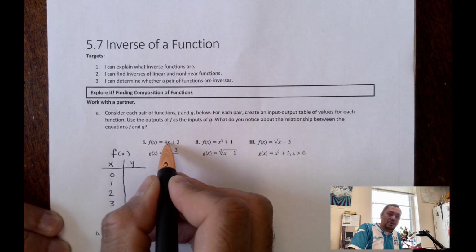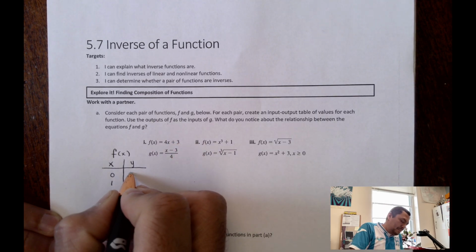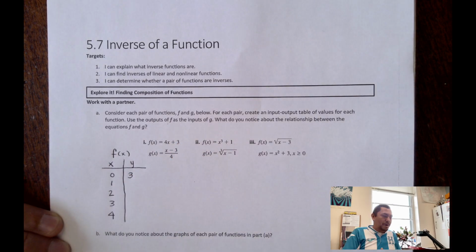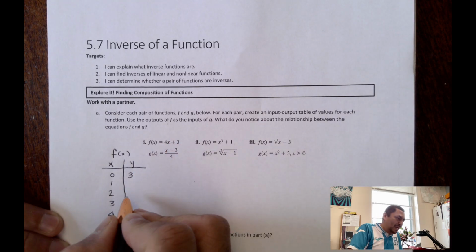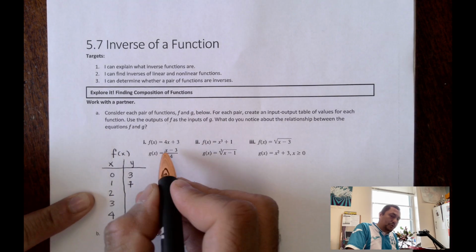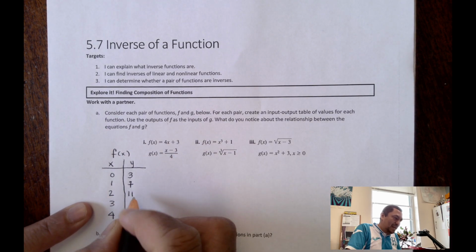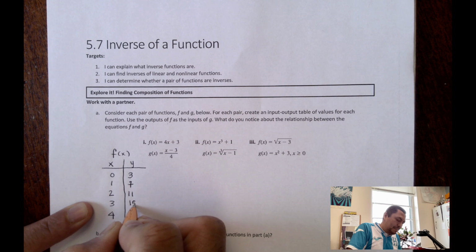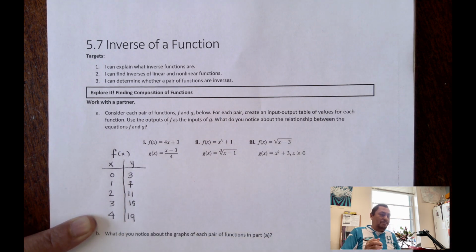So 0 times 4 is 0 plus 3 is 3. And if I continue that way, with 1, 4 times 1 is 4 plus 1 is 7. Then if x equals 2, y is equal to 11. And then I have 15 and finally 19. So that's my table of f of x.